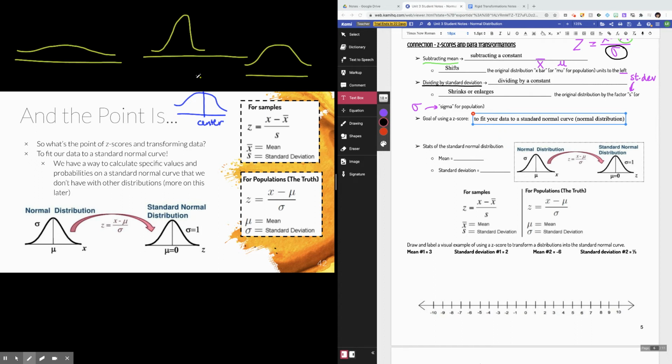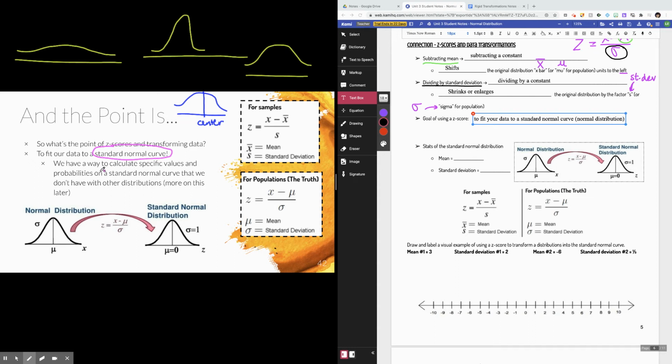Okay, there is one normal distribution that we know a lot about, and that is the standard normal curve. This specific normal distribution is the one that we know the most about. So what z-scores allow us to do is take all of these crazy looking bell curves and convert them to something that we know a lot about. We're literally standardizing them, okay?